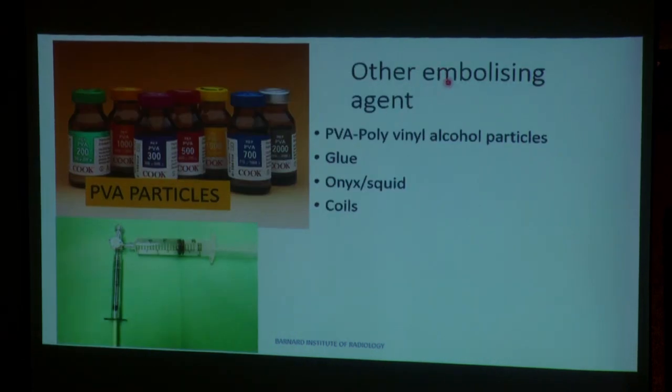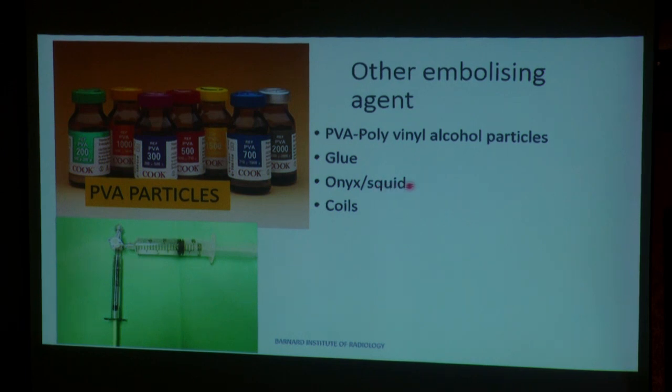So what are the other embolizing agents? You have PVA, which is polyvinyl alcohol. They come in various sizes, 200 to 2000 microns. Commonly used is 300 to 500 microns. The other embolic agents are glue, which is used by endoscopists usually for varices, but we can also use it. Onyx and squid are very expensive.